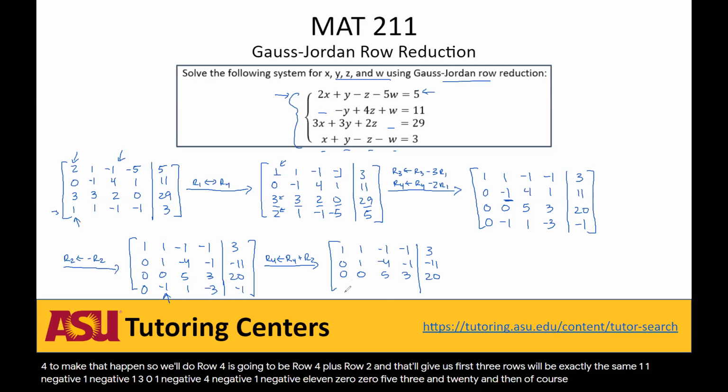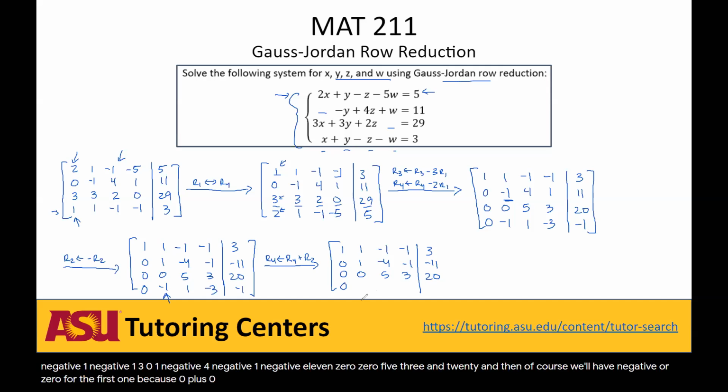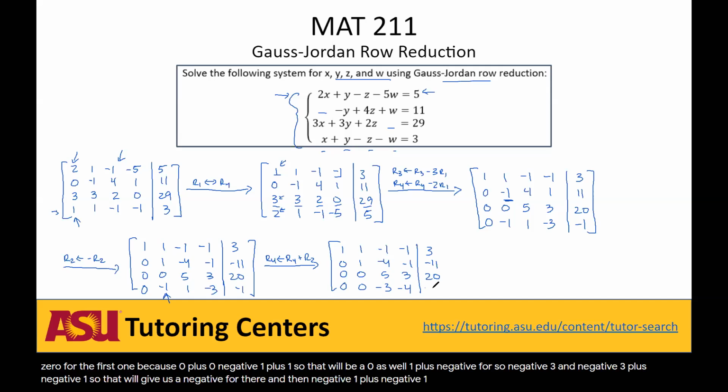And then, of course, we'll have 0 for the first one, because 0 plus 0. Negative 1 plus 1, so that'll be a 0 as well. 1 plus negative 4, so negative 3. And negative 3 plus negative 1, so that'll give us a negative 4 there. And then negative 1 plus negative 11, negative 12. Great.